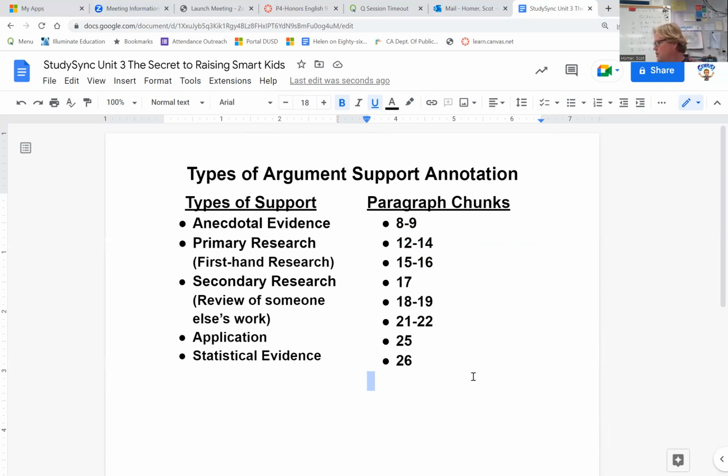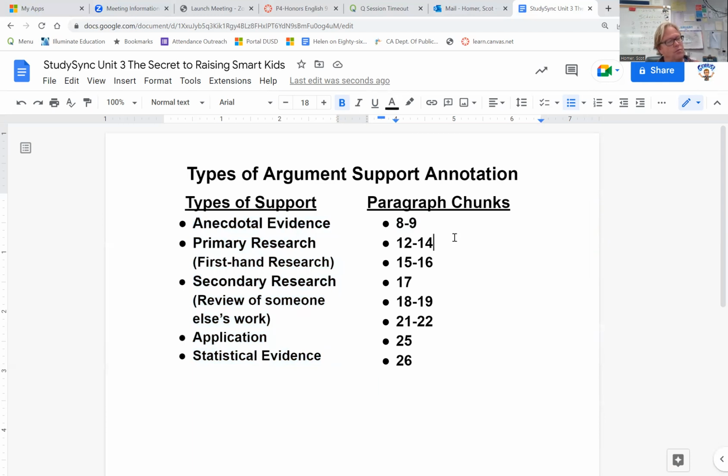If you look on your books, like on page 81, for example, that would be the paragraph 8 and 9 chunk. So you look at those two paragraphs together and you choose from the list here what evidence you think she's using in those two paragraphs.